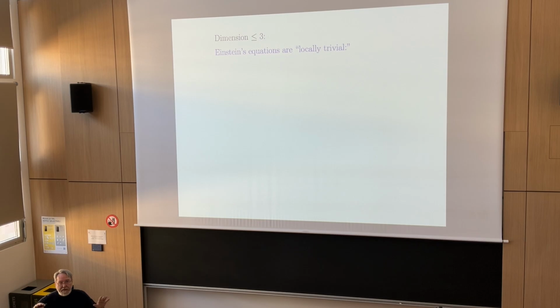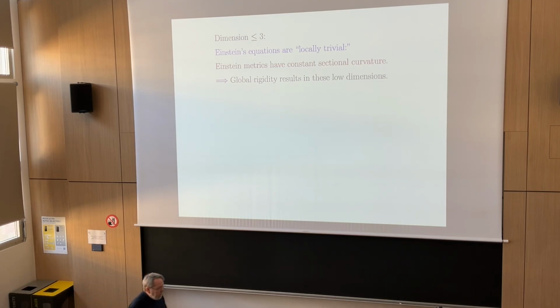Maybe you multiply those standard metrics by a constant. Those are the only models for the universal cover of an Einstein manifold in dimension 3, similarly in dimension 2. So in these low dimensions, an Einstein metric is simply a metric of constant sectional curvature, and this turns out to be very useful.